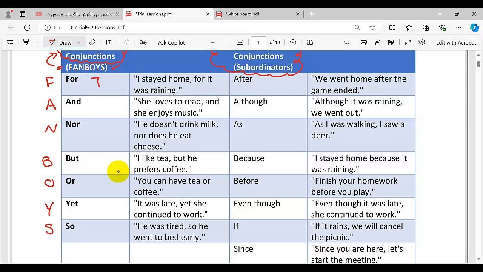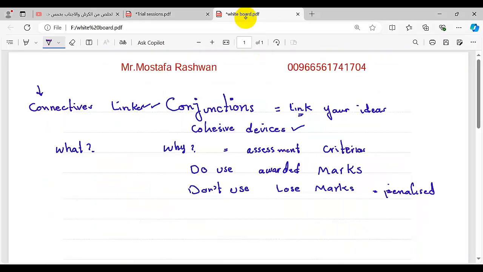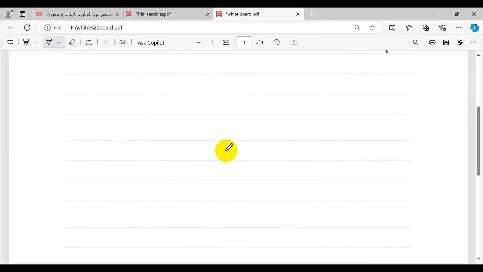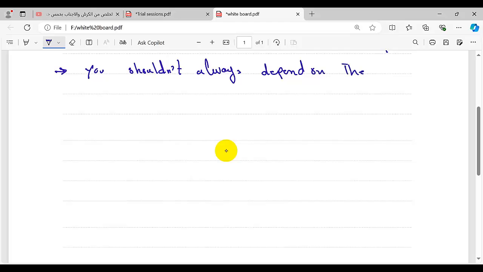Be sure that you shouldn't always depend on the coordinators or the fanboys. What I mean here is that you should show a variety of conjunctions.